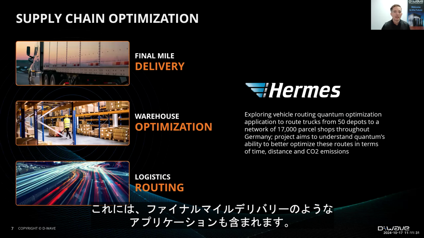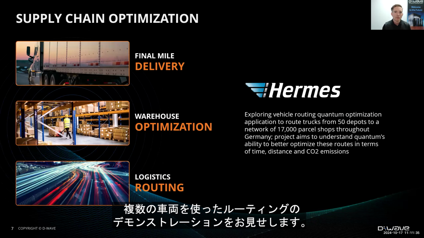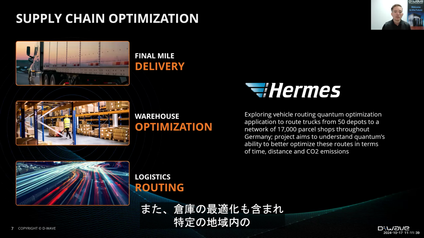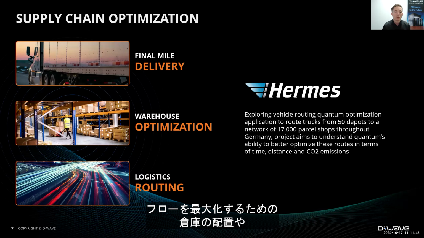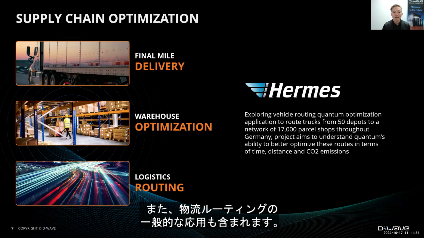So that includes applications like final mile delivery, and I'm going to conclude today's webinar by giving a demonstration of a multi-vehicle routing type of demonstration. It also includes warehouse optimization, both the placement of warehouses to maximize flow within a particular region, or the placement of material within the warehouse in order to maximize the operations of that warehouse, and also the general application of logistics routing.